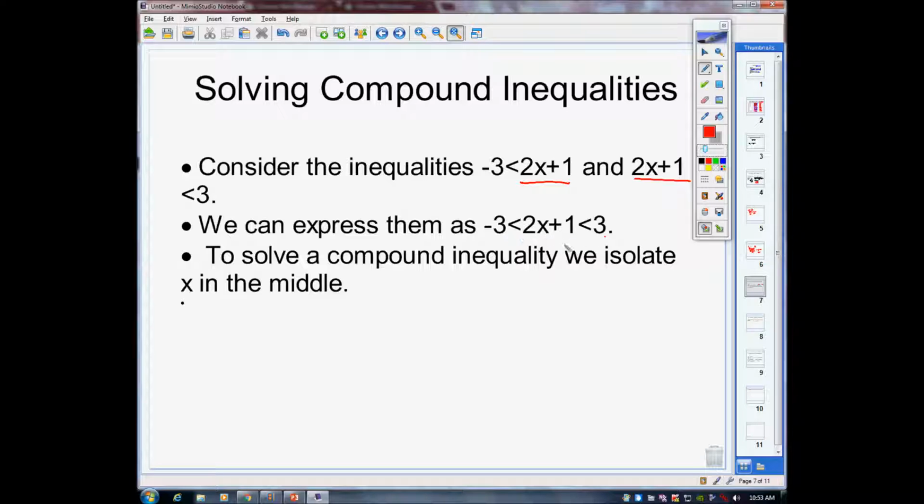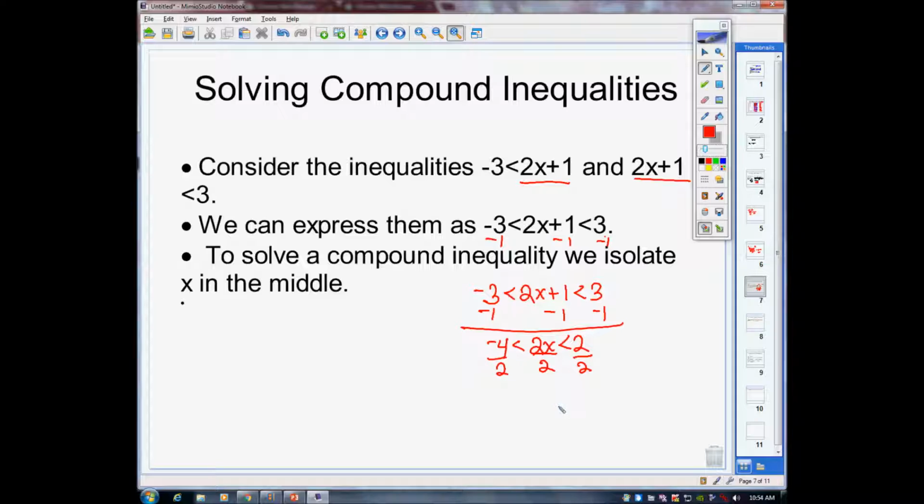And so I'm going to rewrite it down here. Subtract 1, subtract 1, subtract 1. So the first equation ends up being negative 4 is less than 2x. Second equation ends up being 2x is less than 2, but we're doing them together. It is a compound inequality, just like you have a compound sentence. 2 sentences in one, 2 inequalities in one.